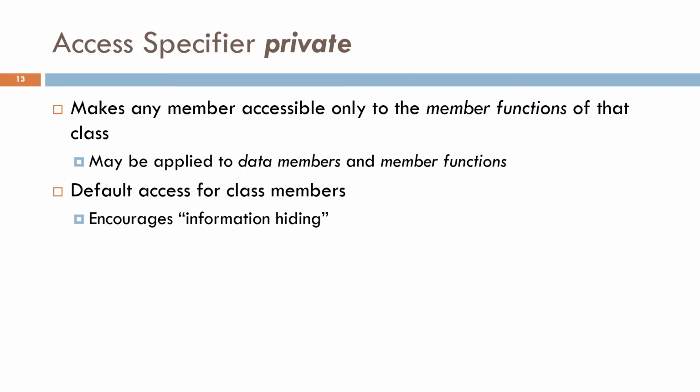When I start doing a tutorial session on this in particular, you're going to see why this is important. That means that any other functions outside of the class cannot get access to your functions or data members within the class once you're using that private access specifier.